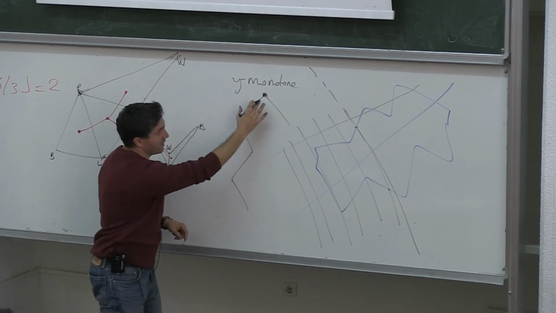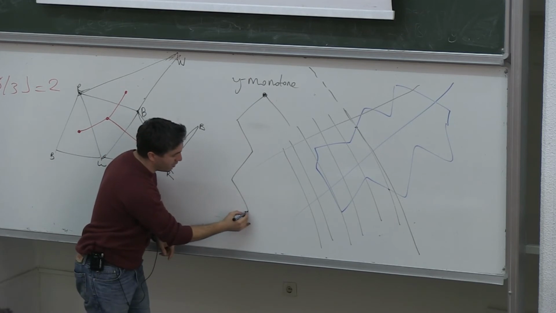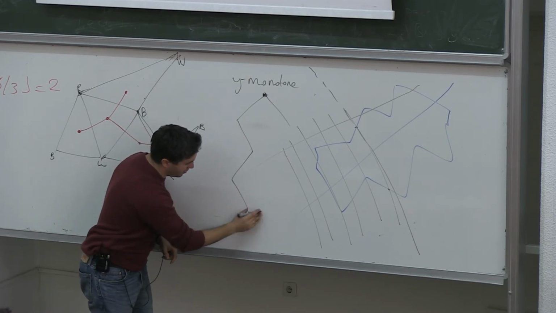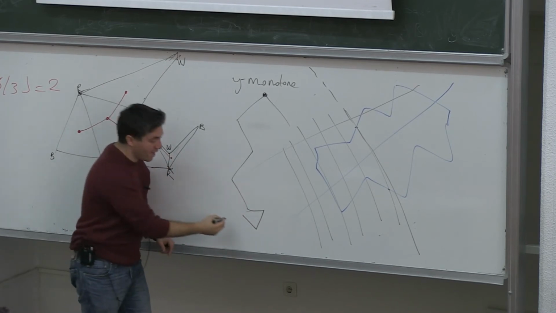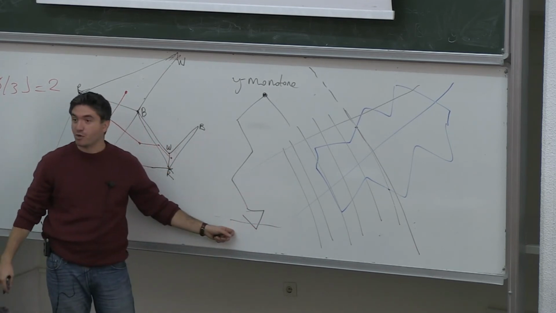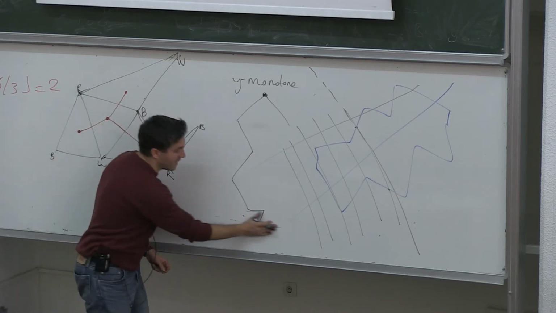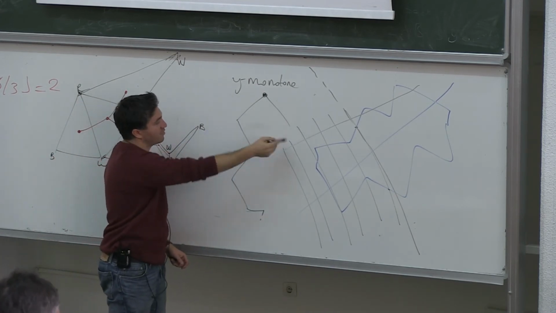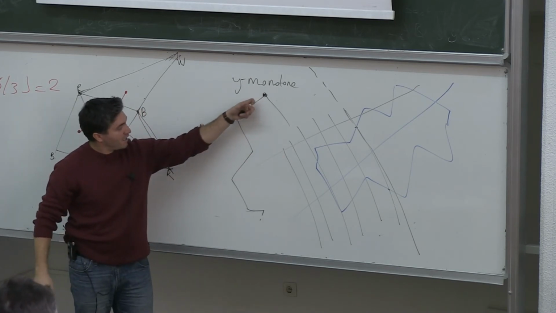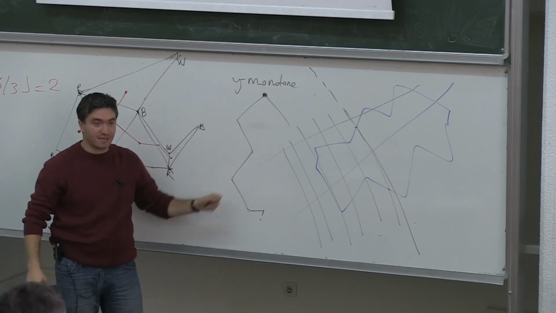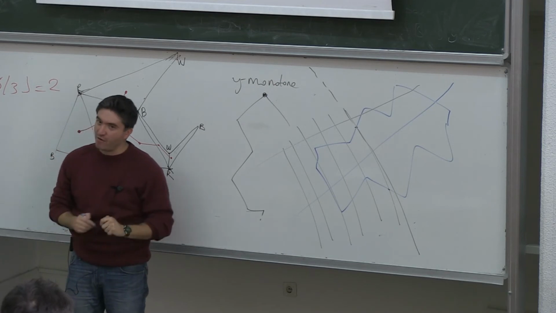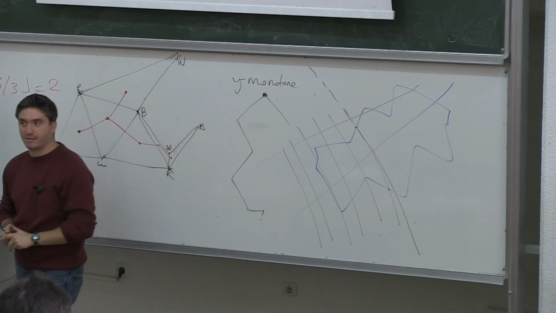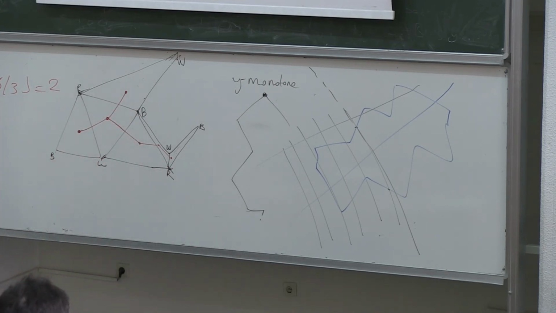Going up violates the monotonicity principle. So in a Y-monotone polygon, when you follow either of these chains, you always go down or go horizontal. That's an important property of Y-monotone polygons.